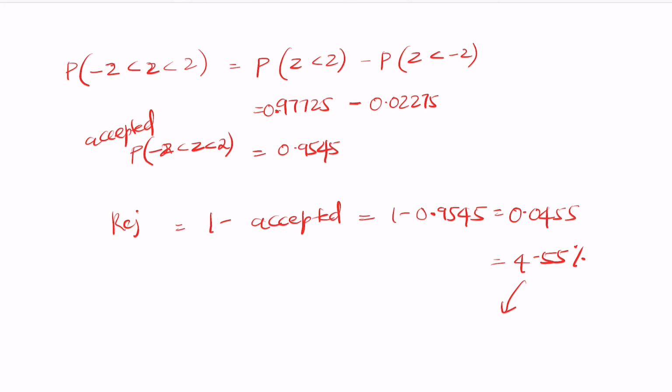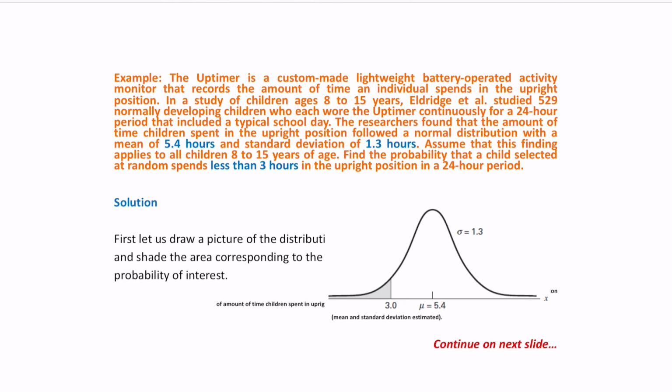So this is the amount that will end up being rejected. So this is another way for finding the same answer, using another method. But the answer is still the same. So this is how you can apply problems for normal distribution.